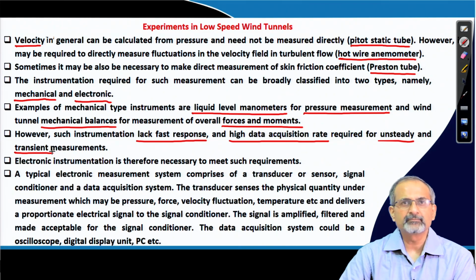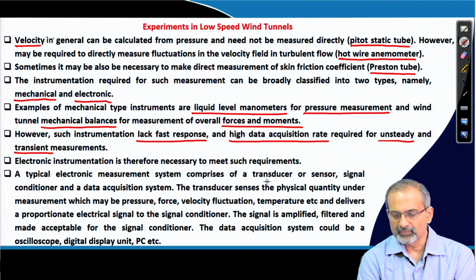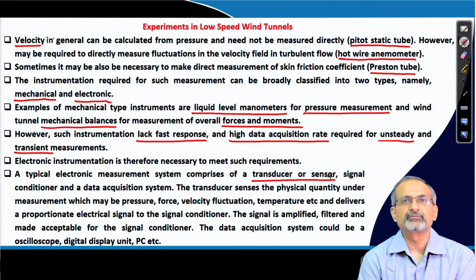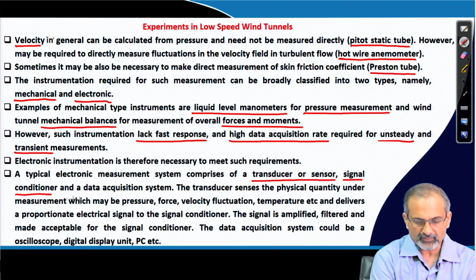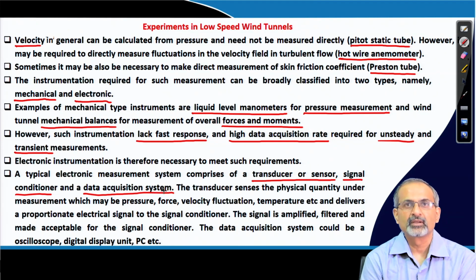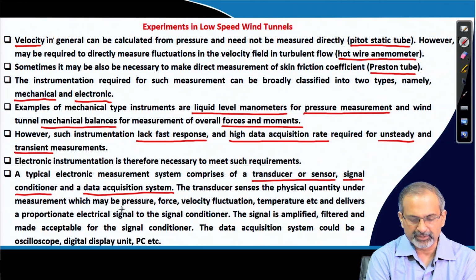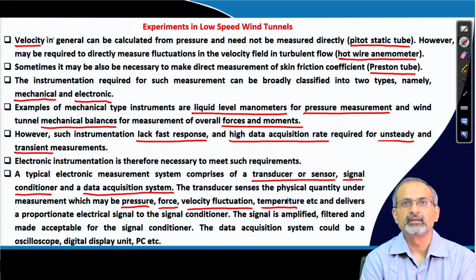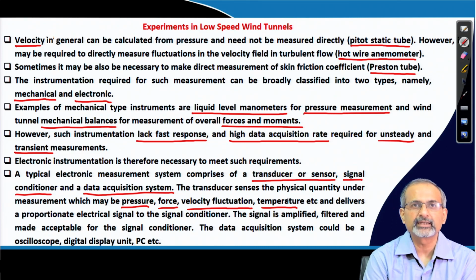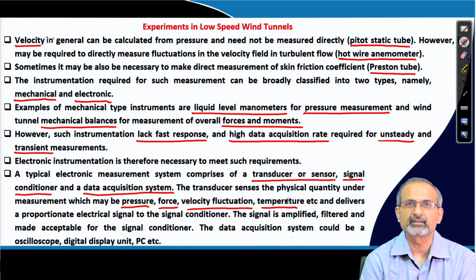Electronic instrumentation can typically comprise a transducer or sensor, signal conditioner, and data acquisition system. The transducer senses the physical quantity. It may be pressure, force, velocity fluctuation, temperature, and other things too, and delivers a proportionate electronic signal to the signal conditioner.